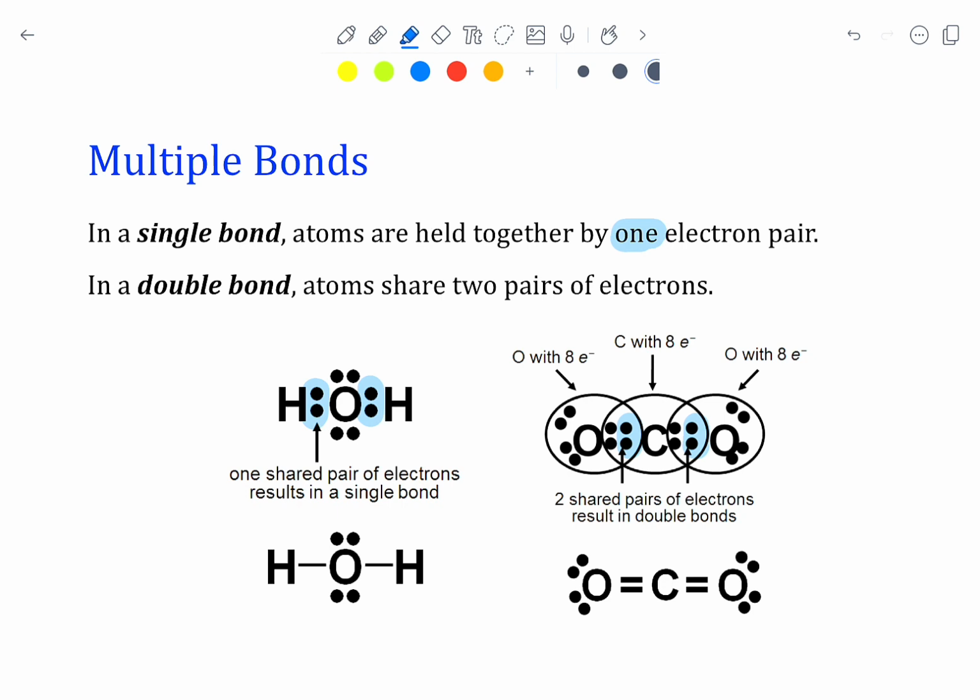This is carbon dioxide, so this is CO2. They have one pair on either side, and then they have another pair on the other side. So they are made up of two pairs of electrons, and those are both bonding pairs. So we have two bonding pairs that make up a double bond.